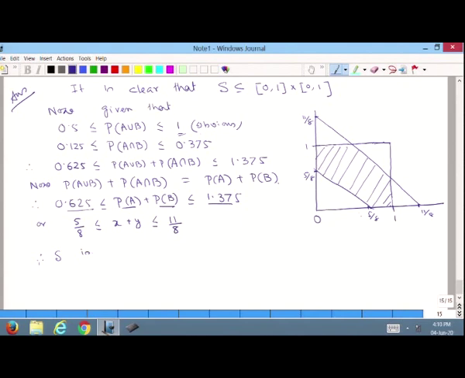Let us call them O, P, Q. Let us call this line M, N, this line X, Y, and this line R, S. Therefore, S is the region given by P, X, Y, S, R, Q.